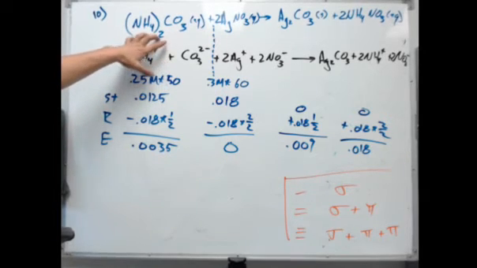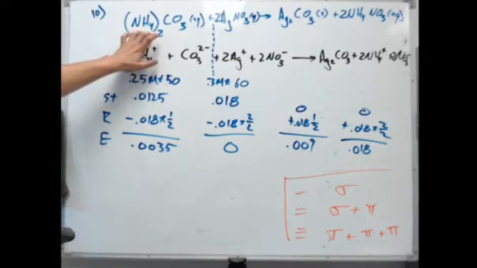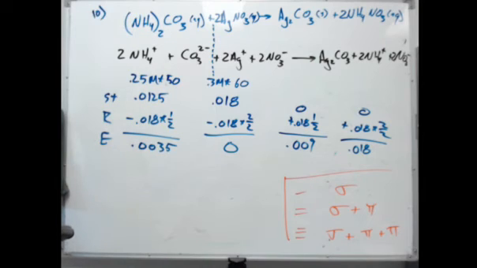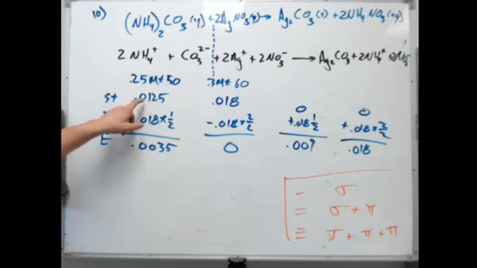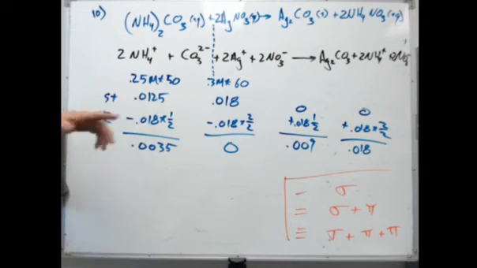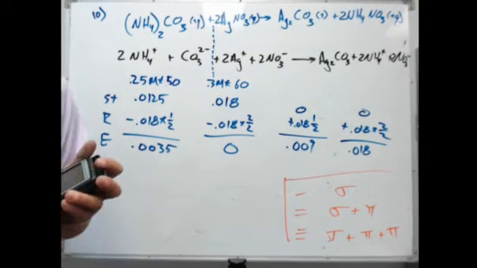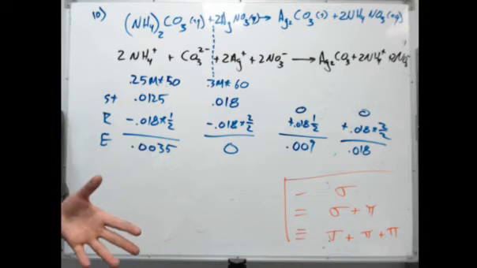The ammonium carbonate was 0.0125 moles, but how many ammoniums per ammonium carbonate? 2. So I have to take this number and multiply by 2. 0.0035 times 2, and then you're going to get this number times 2, right? So I made a very Gen Chem mistake.